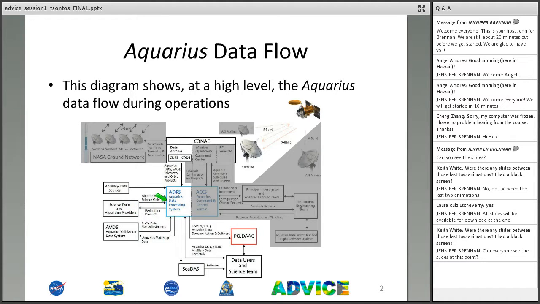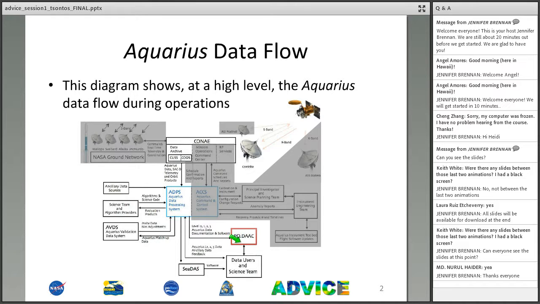And then the processing system basically implements these algorithms in software that then creates a series of data products of various level 0 through level 3, that were then transmitted again routinely and in automated fashion to the PO.DAAC.